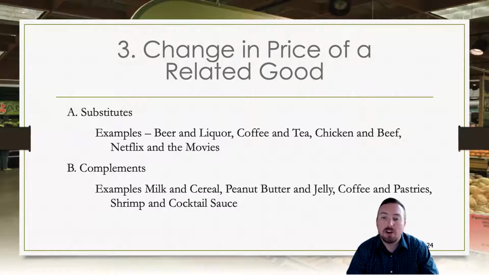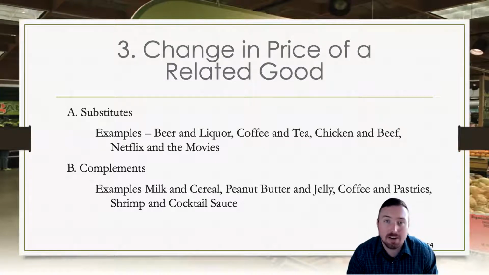Think about beer, liquor, coffee, tea, chicken, beef, Netflix and the movies. They are all interchangeable, right? You can replace one with the other, right? Those are substitute goods. Complements are goods that you consume together, right? Think about milk, cereal, peanut butter and jelly, coffee and pastries, shrimp and cocktail sauce, chips and salsa. They are goods that you consume together. They would be complementary goods. They complement each other, okay?